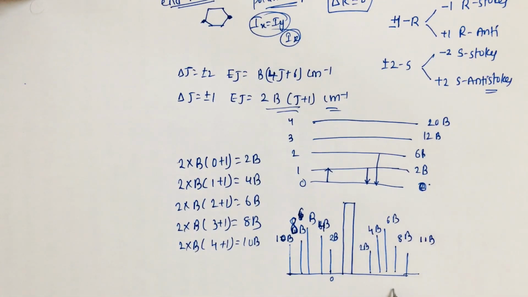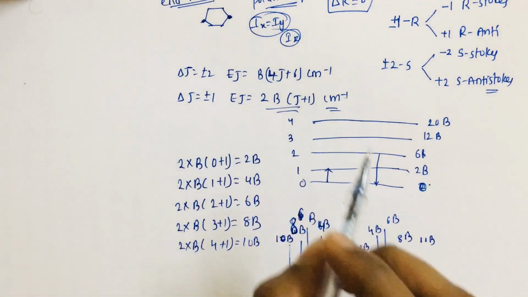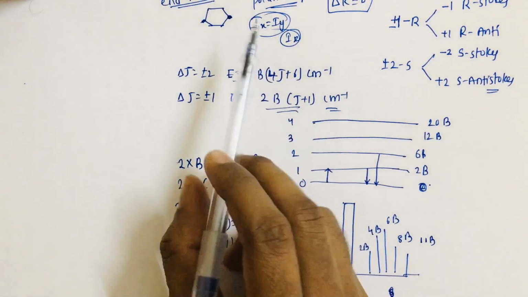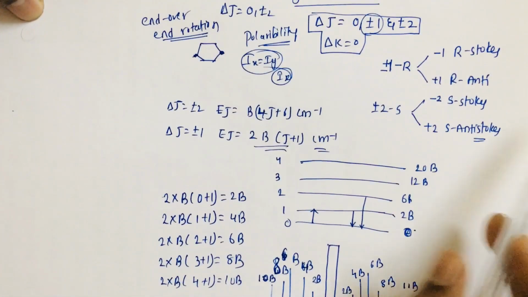So these are the S lines. Here we have two selection rules, delta J equals plus or minus 1 and plus or minus 2.